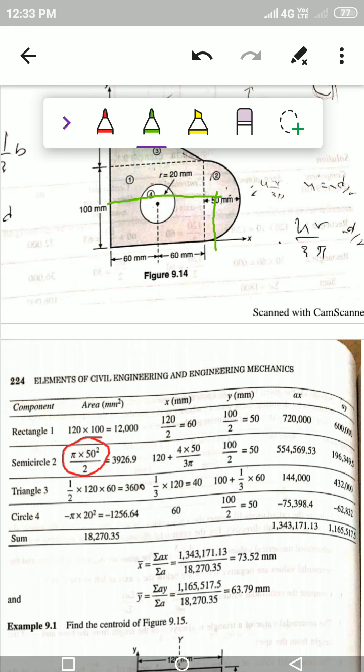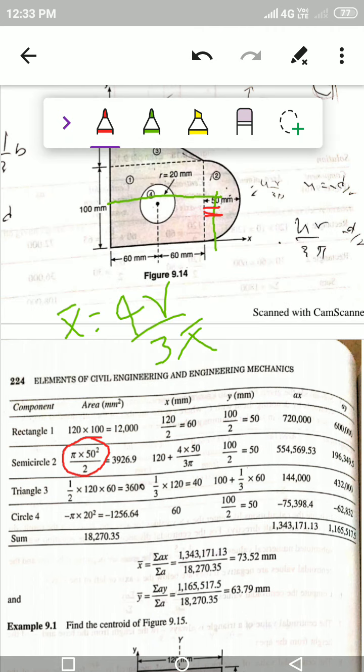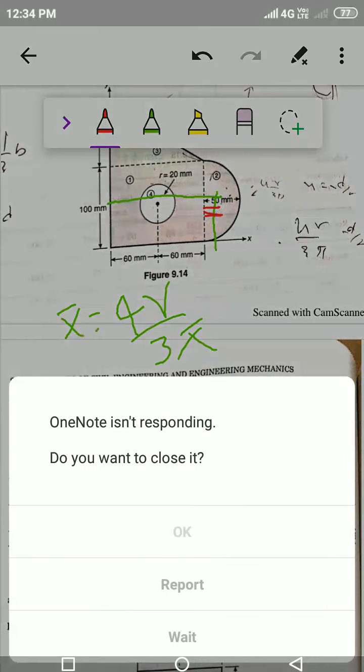We know that for the semicircle, the x bar value is 4r divided by 3 pi. That is only the x bar value of this semicircle, from here to here, the red line indicates the x bar value.